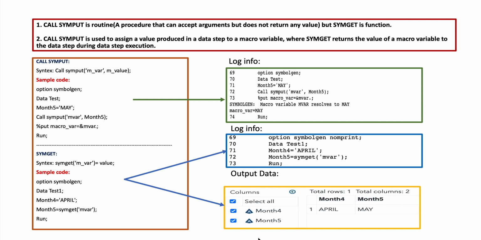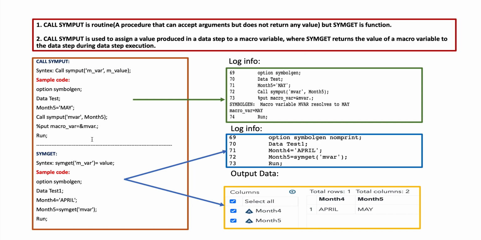Option symbolgen. In the data step we use data test. It has one variable, month5, and its value is May. CALL SYMPUT means we are going to create a macro variable mvar, using the value of month5, where the value of month5 is May.